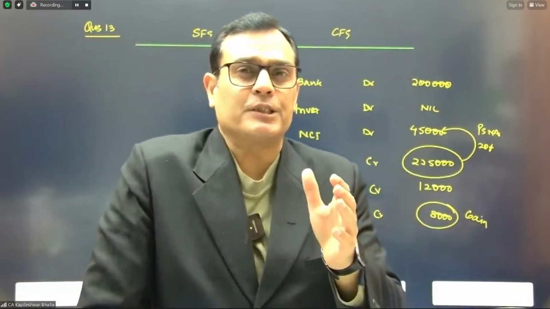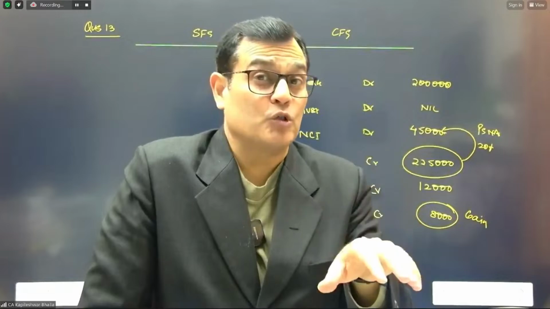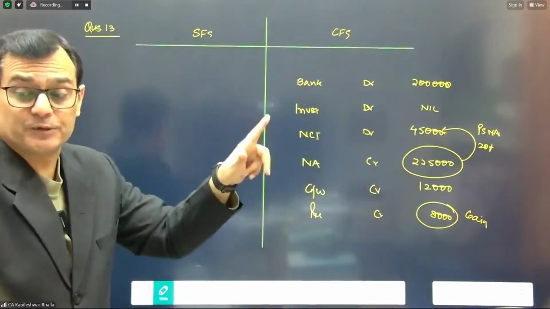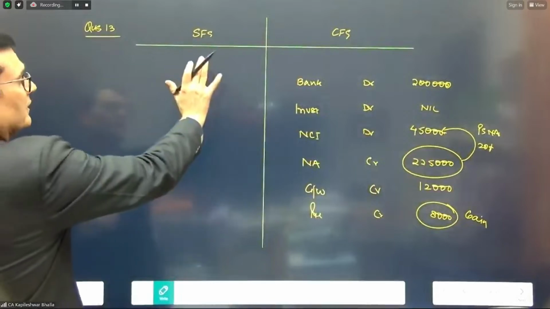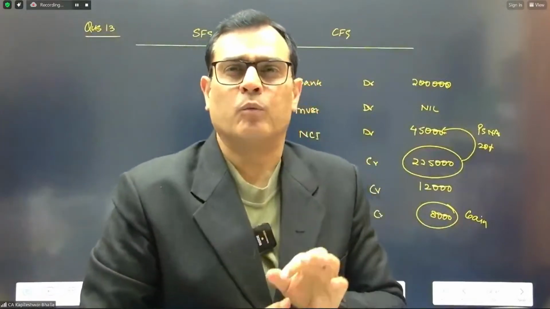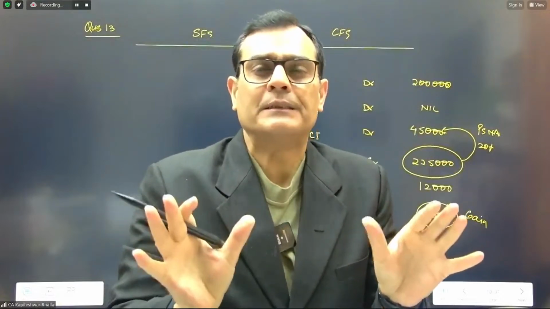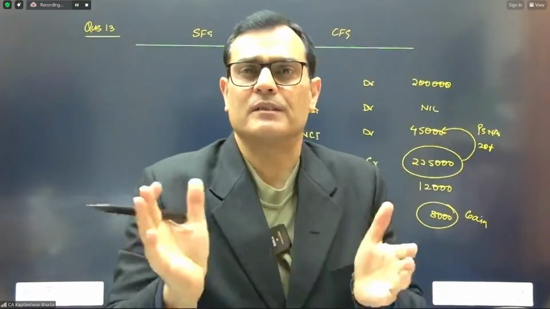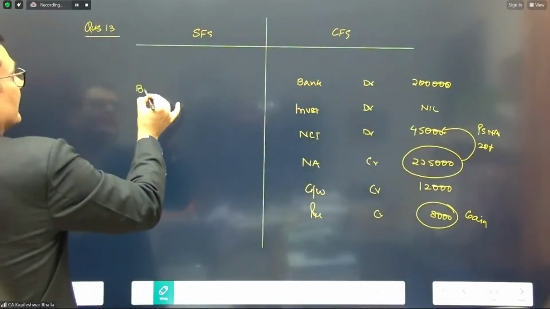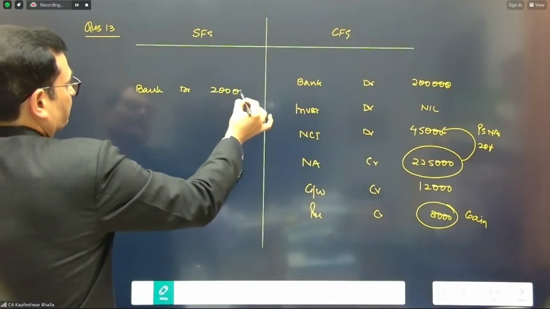But this entry is with reference to the consolidated financial statements. He's also asking you to calculate a gain or loss in the separate financials as well. And trust me, in this case, the calculation of gain or loss is purely based on what you used to do in the intermediate level, Accounting Standard 13. Compare the cost versus the sale proceeds and we're done. So in this entry, bank gets a debit with the sale proceeds, that is 2 lakh.